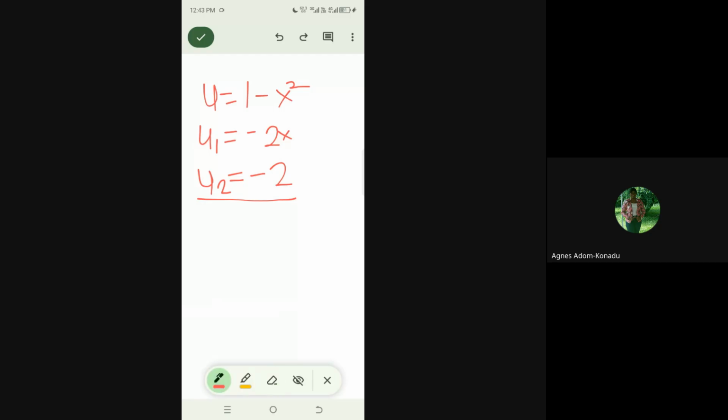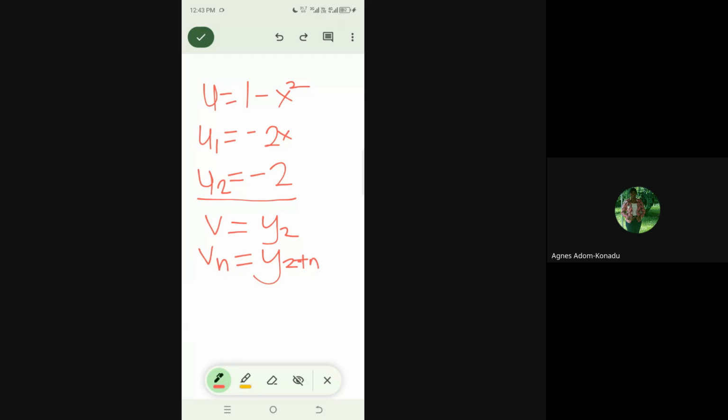Then you let your v be equal to y subscript 2. That is your v. So what will be your v subscript n? That is the nth derivative of v, because we know that in the formula we need the nth derivative of v. So v_n will be y subscript 2 plus n. Then we are reducing.